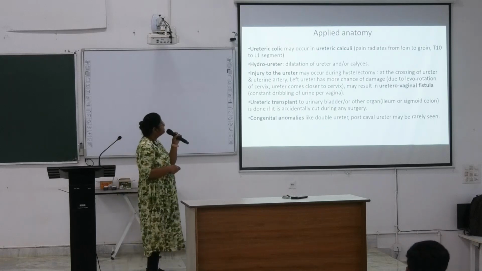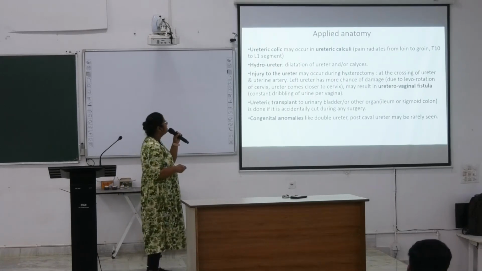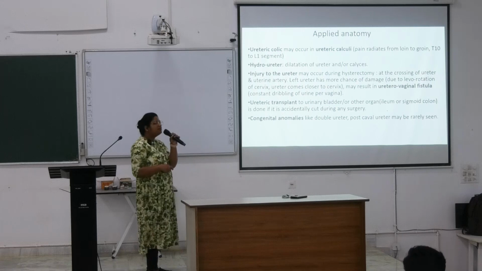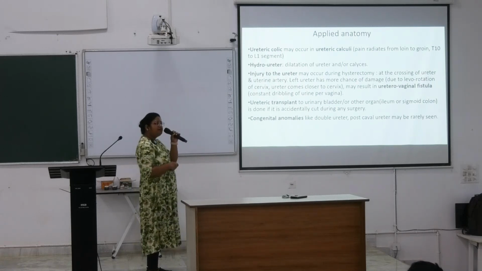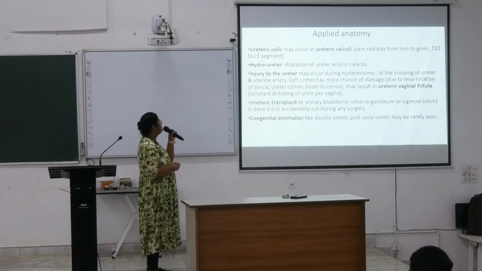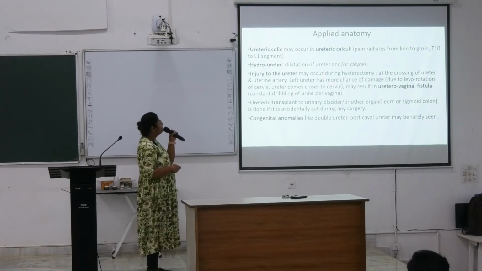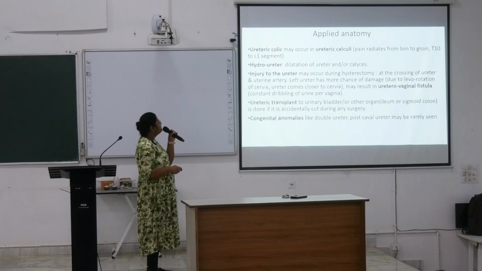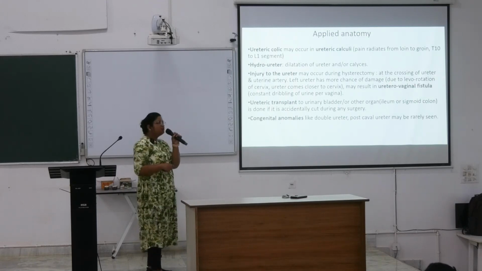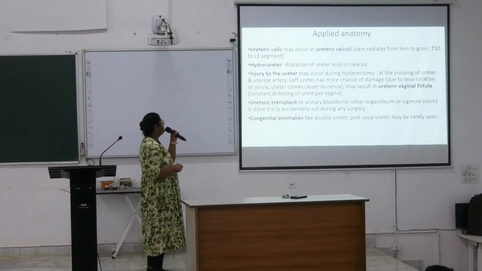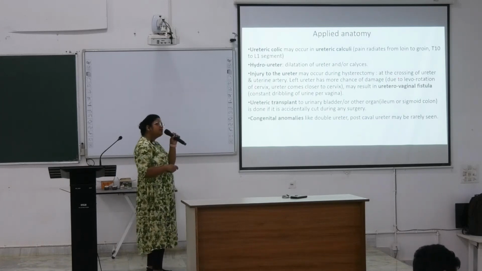During hysterectomy, the uterus is removed at the crossing of the ureter and uterine artery. That's why the relation is important. The left ureter has more chance of damage due to levorotation of the cervix, because the cervix lies mostly on the left side and the ureter comes closer to the cervix.